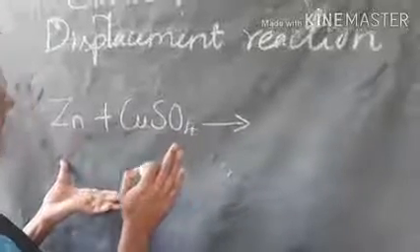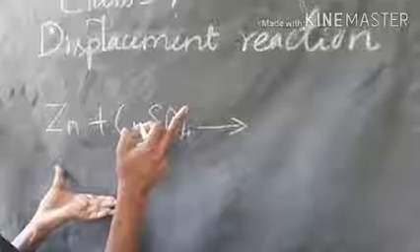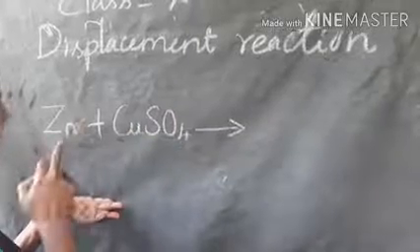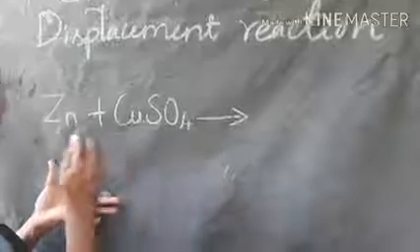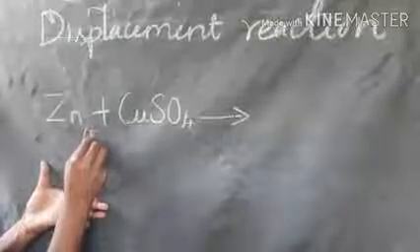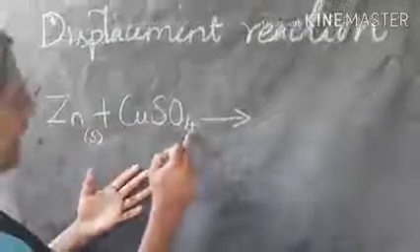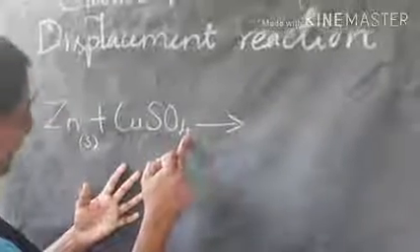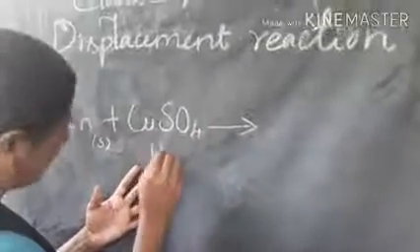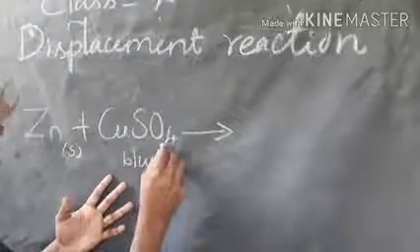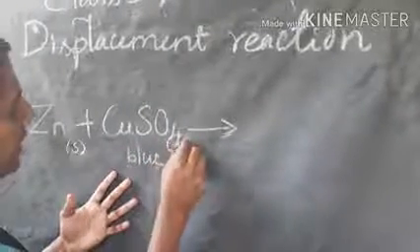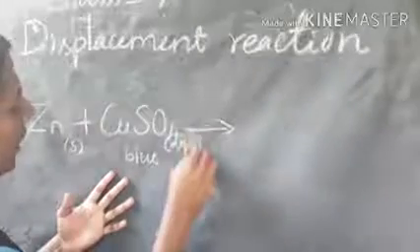Okay, the definition of displacement reaction, you know that the most reactive element displaces the less reactive element. Zinc is a metal, it is in solid form. Copper sulfate is a blue color substance, but it should be dissolved in water. After dissolving in water, now its condition is aqueous form.